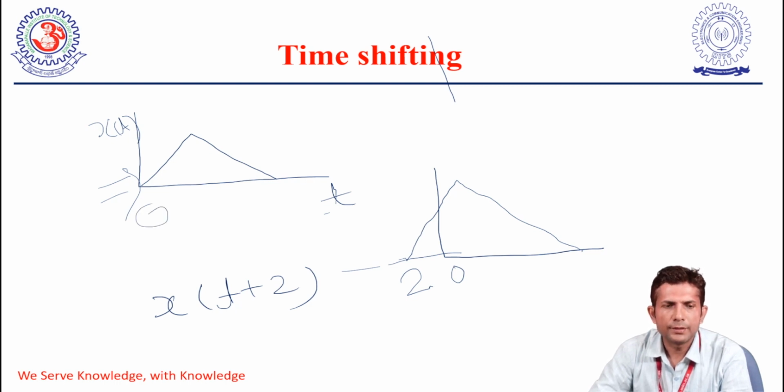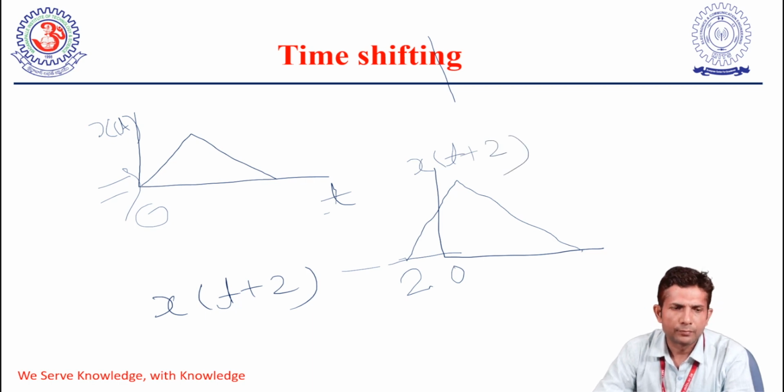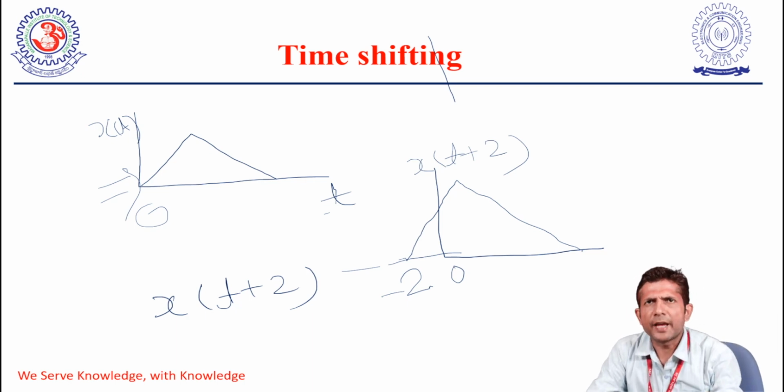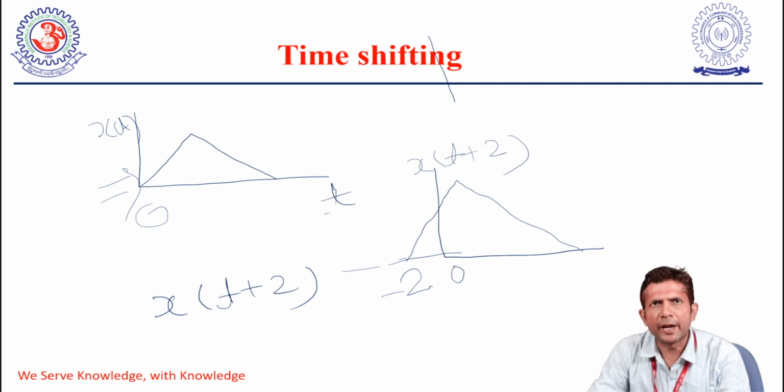So this is nothing but your signal shifted by 2 units. We can see that the entire signal is shifted by 2 units. Now this signal has been advanced because we used x of t plus 2. Now let us understand, if we want to plot x of t minus 2, what will be the resultant waveform?